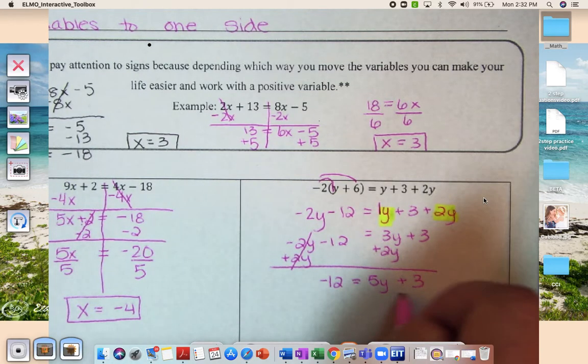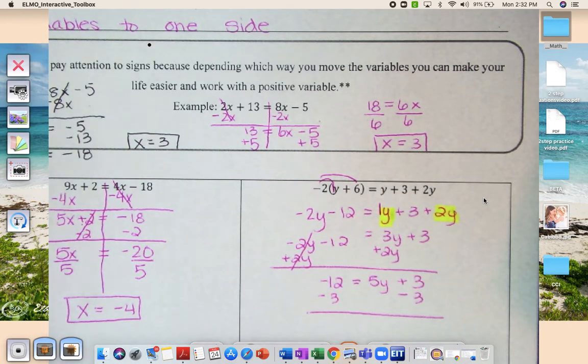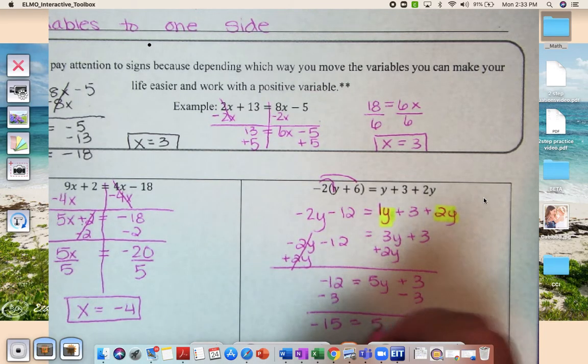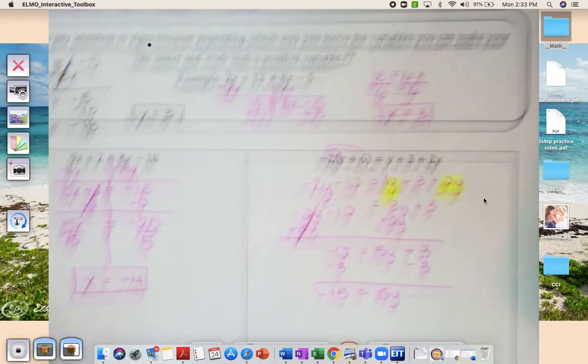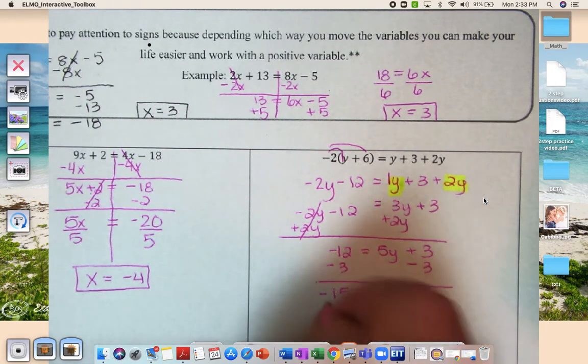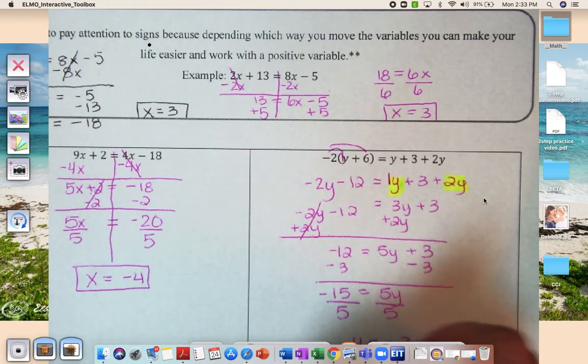So I'm going to subtract 3 from each side. Negative 12 minus 3. Remember, it's adding and keeping the negative sign. So 12 plus 3 is 15, and I keep that negative sign. Equals 5y. A number next to a variable is multiplication, so the inverse is division. And I get y is equal to negative 3.